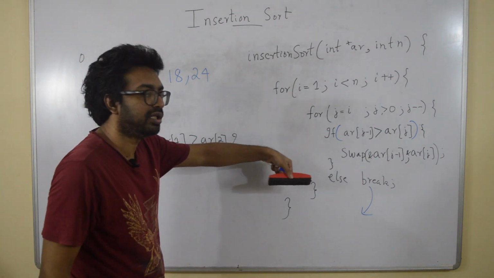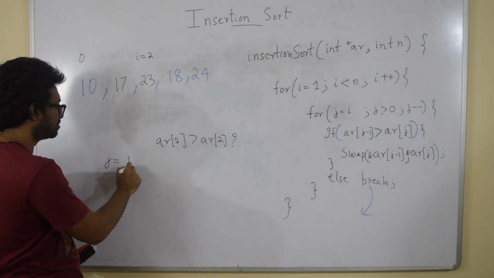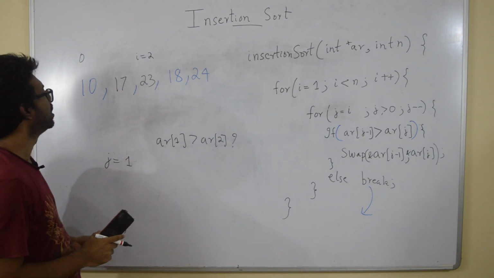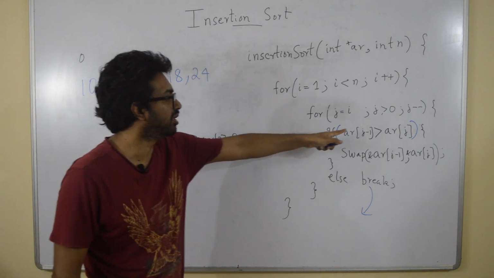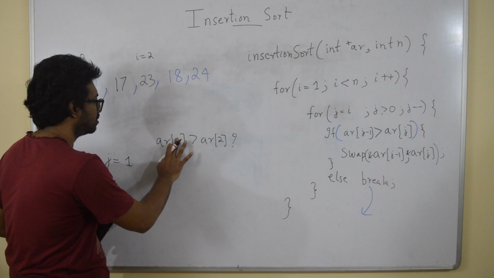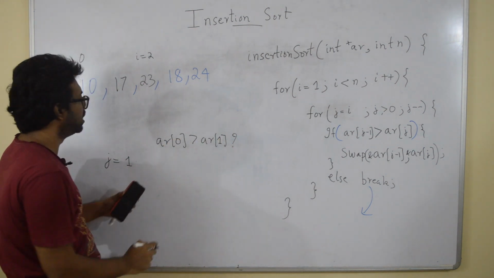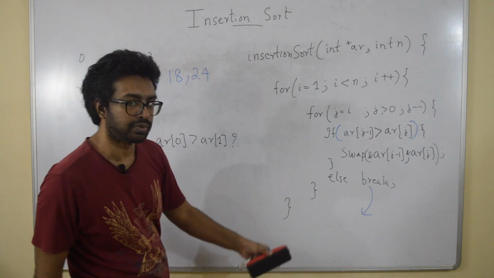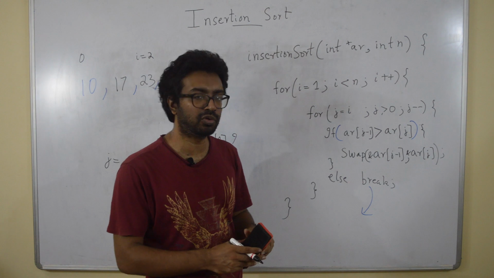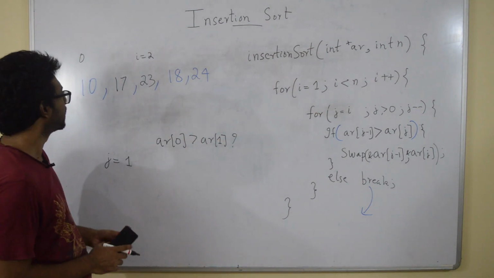Then we go back here, j minus 1 happens, and j becomes 1. So j is 1, and I compare j minus 1 and j. Is this true? This is not true, right? So we break out. Even if it did not break out, this for loop would have ended.